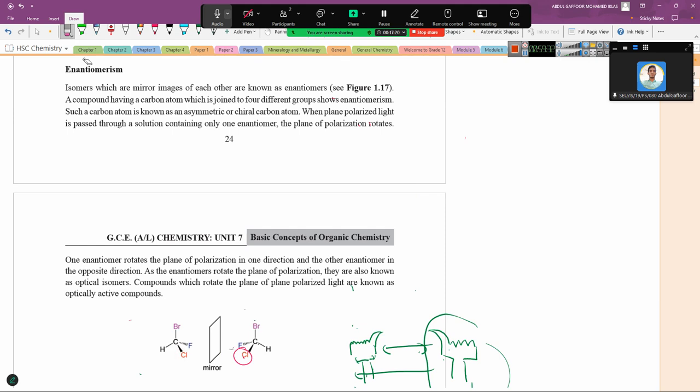Okay, so four different groups... My laptop has been inverted... Okay, what's that?